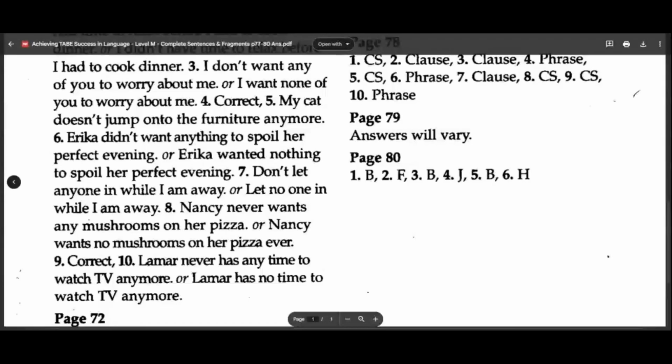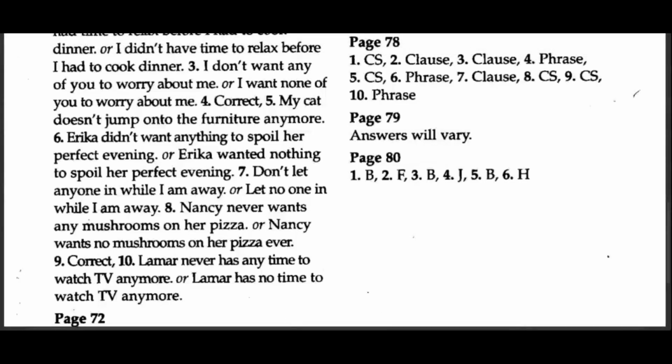All right, any questions about those? Hold on a second.